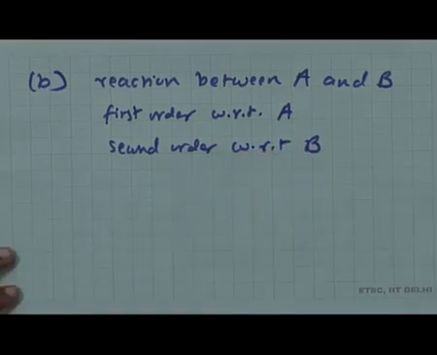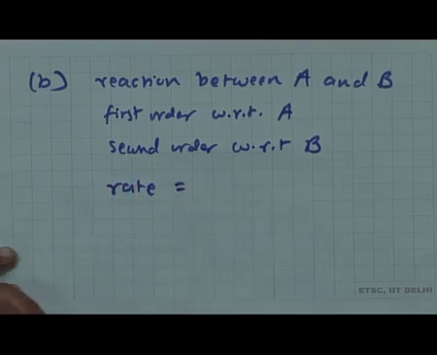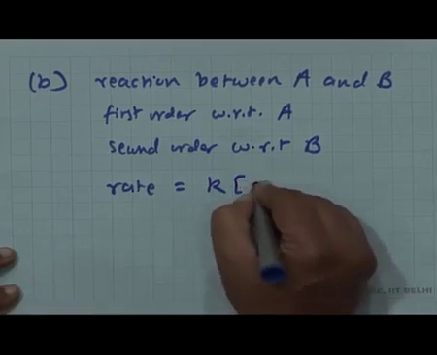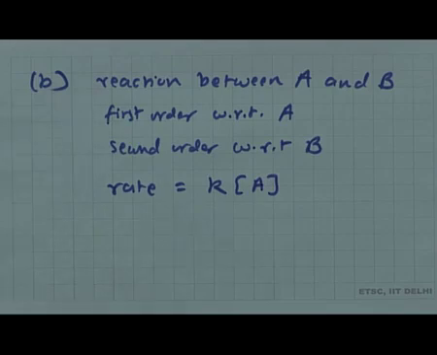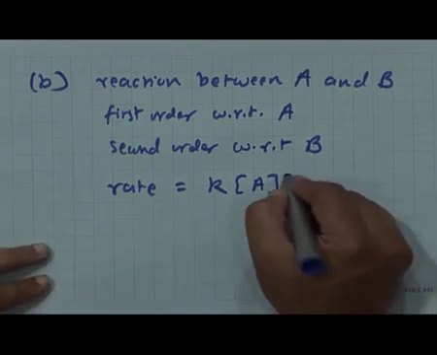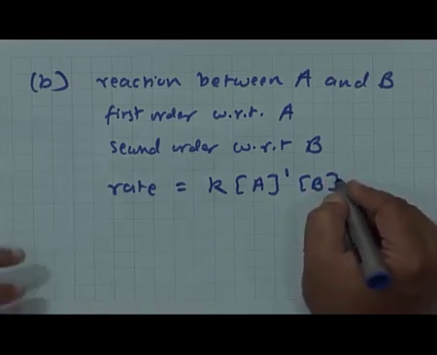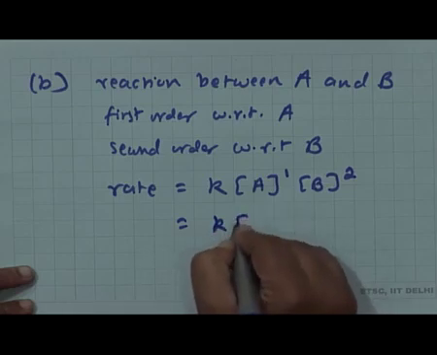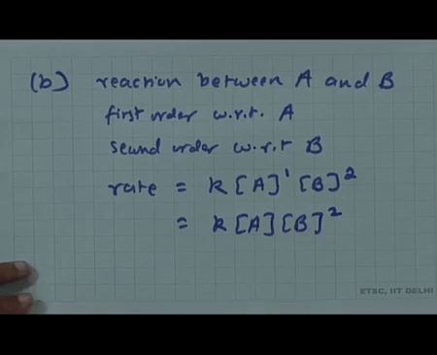Then when you write the rate expression, it obviously becomes rate is equal to k, which is the rate constant, times concentration of A raised to the power 1 because it is first order, concentration of B raised to the power 2 because it is second order, hence k A B raised to the power 2.